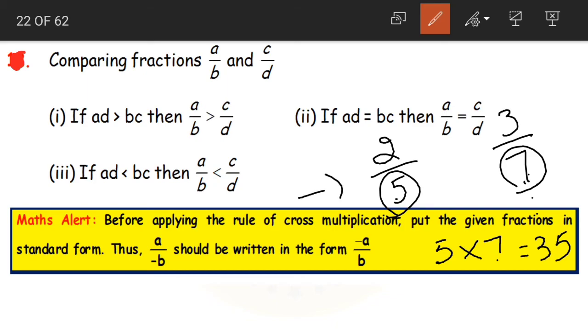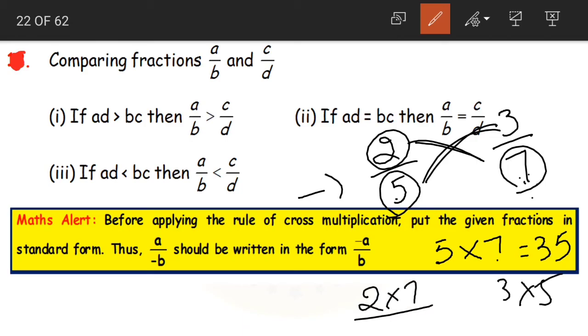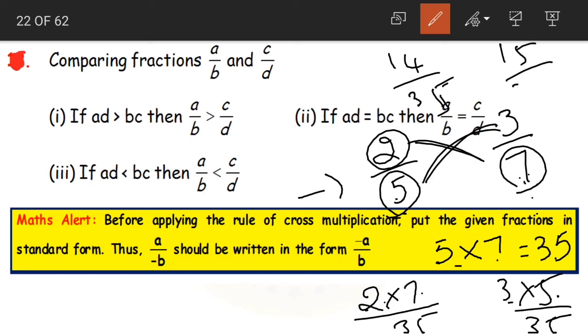Now how can we convert this into equivalent like fractions? By multiplying 2 with 7 and 3 with 5, cross multiplication, right? So 2 into 7, 3 into 5, divided by 5 sevens are 35, our LCM. Now 2 sevens are 14, so 14 by 35, and 3 fives are 15, so 15 by 35.